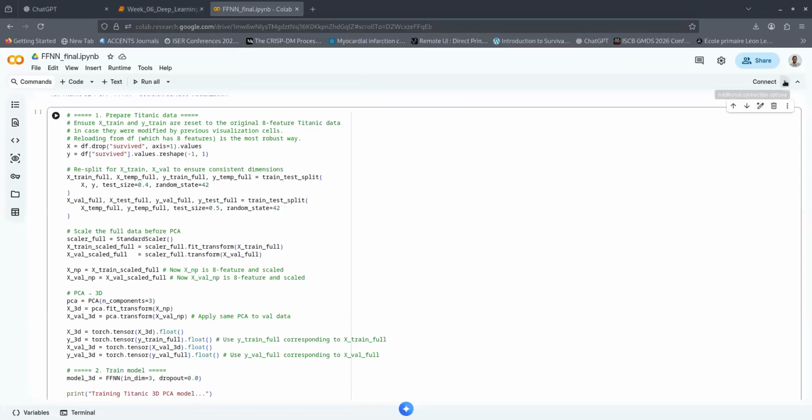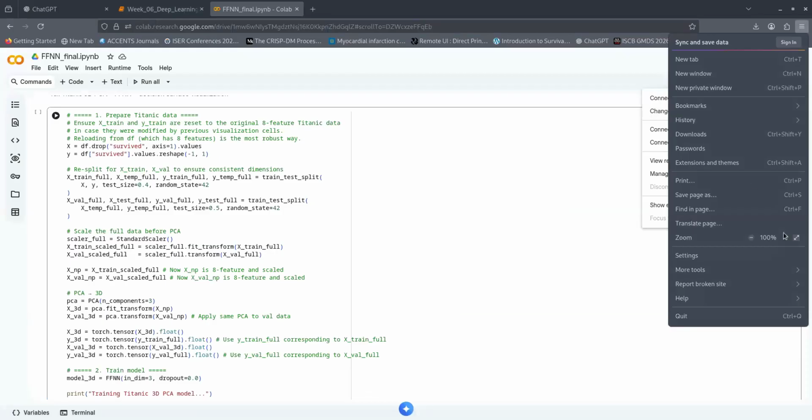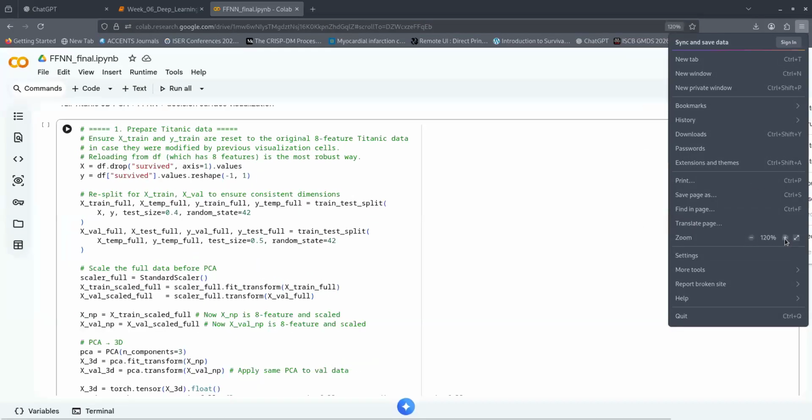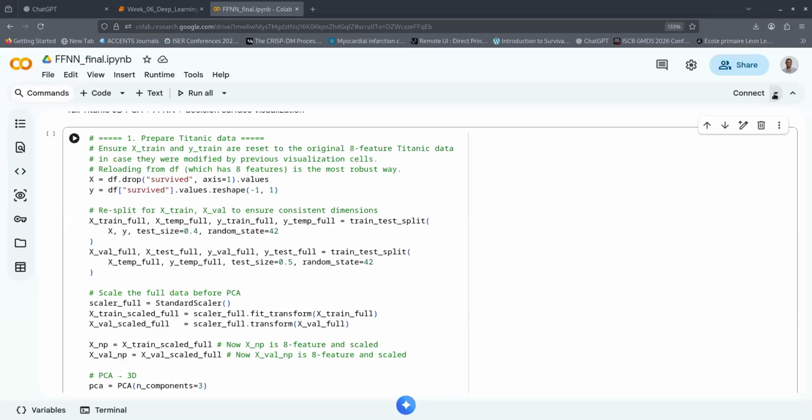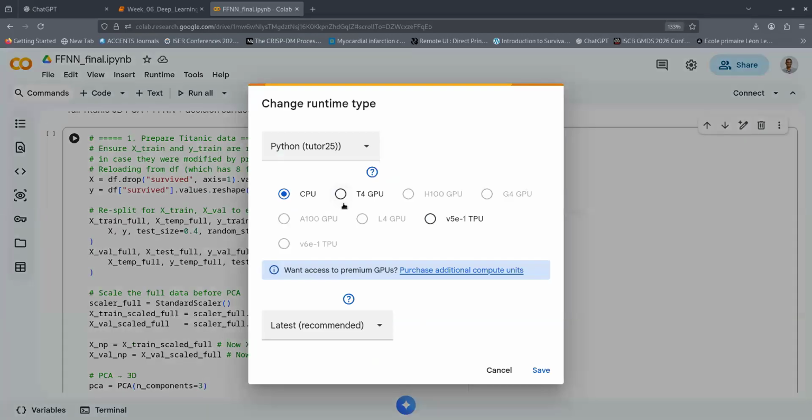You go to Connect and then Change runtime type, and here you can select maybe the T4 GPU.